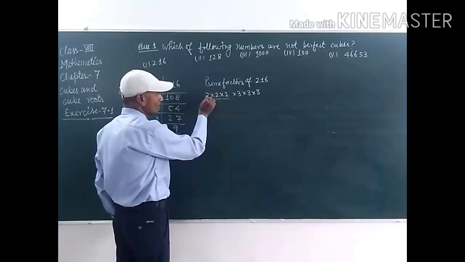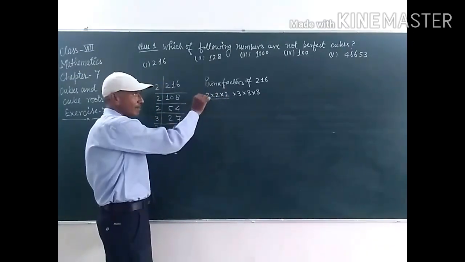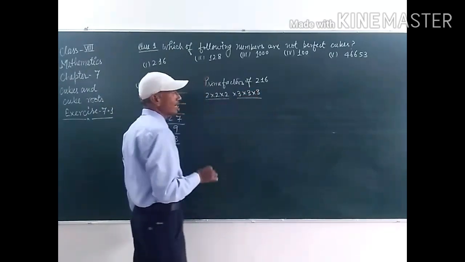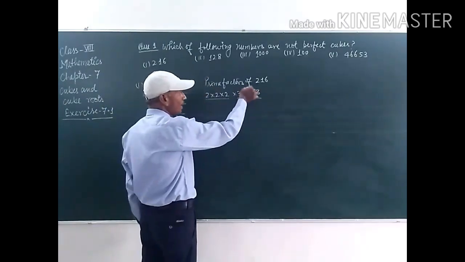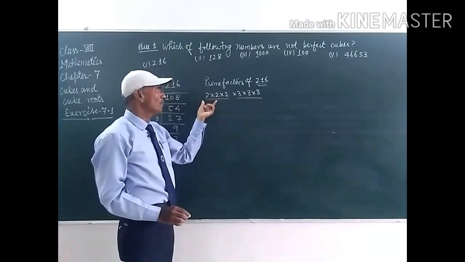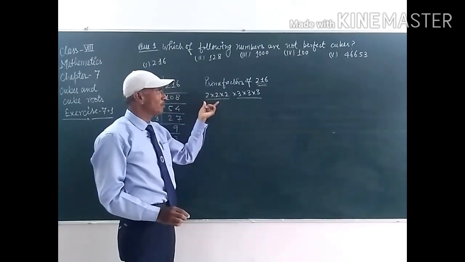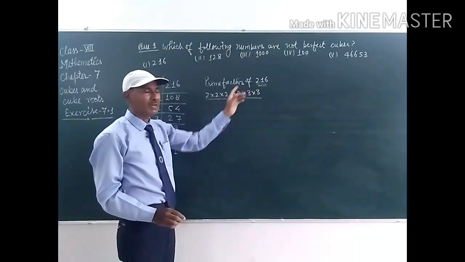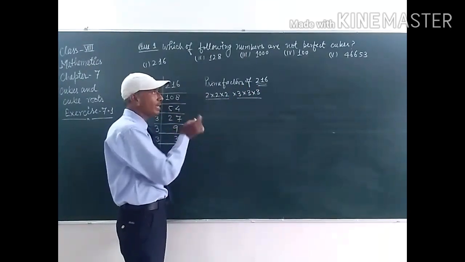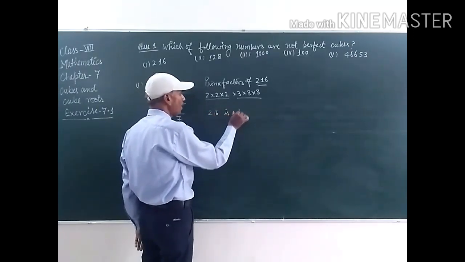There are 3 numbers, 1, 2, 3, and these are the same factors, and again this one makes a triplet, or completes a group of 3. So, the factors of 216 make triplets, or completed groups of 3. Therefore, this 216 is a perfect cube, student. Clear? So, 216 is a perfect cube.